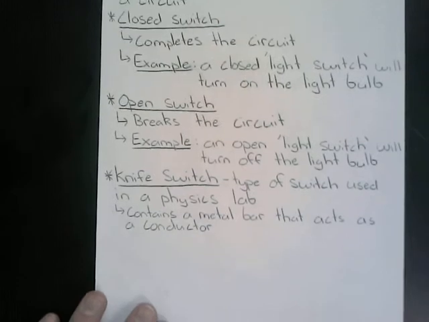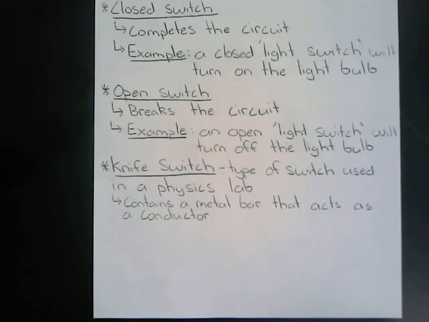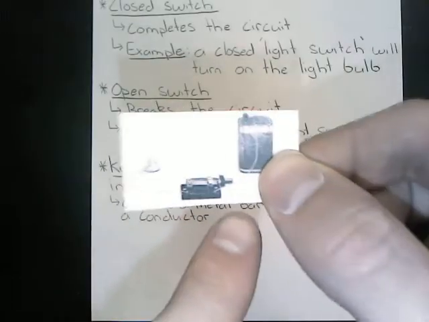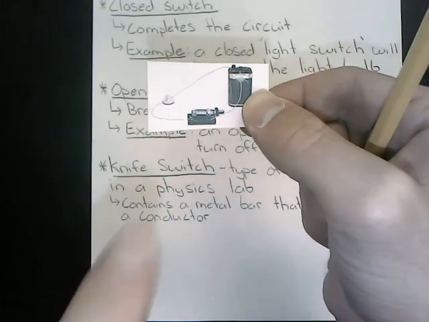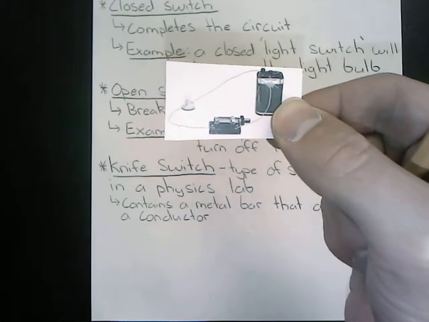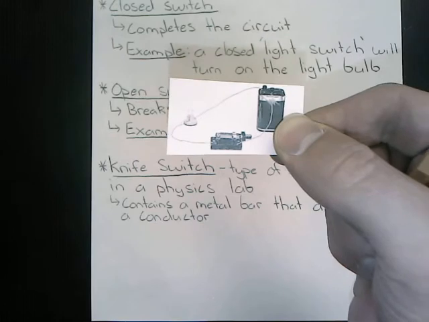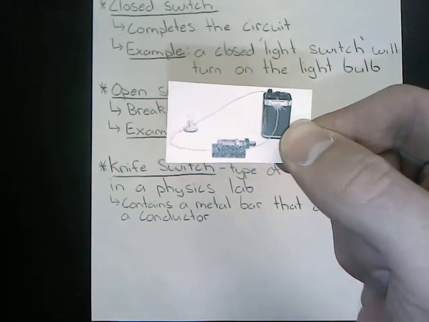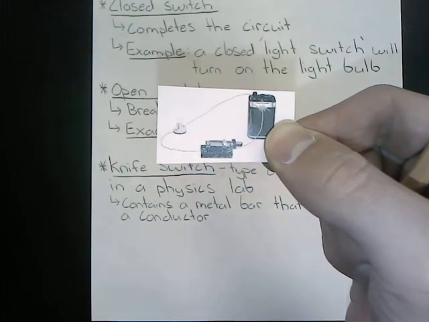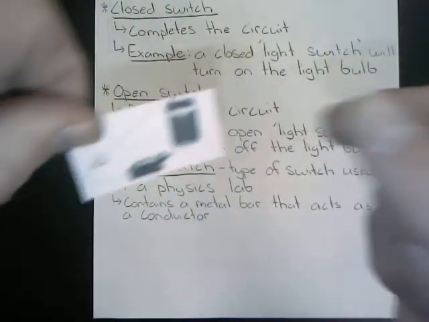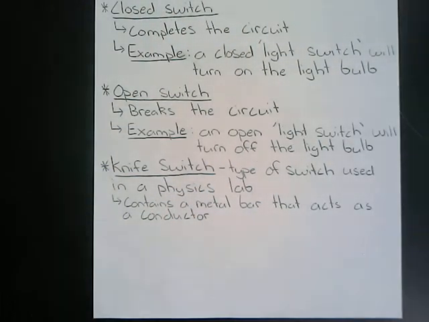Now what we also have in this knife switch are these wires, which you can see are connected there at the bottom. These wires are places that connect to other devices in a circuit and allow charge or electrons to flow from one place to the other in a switch.